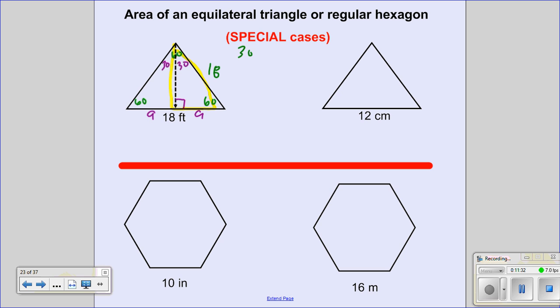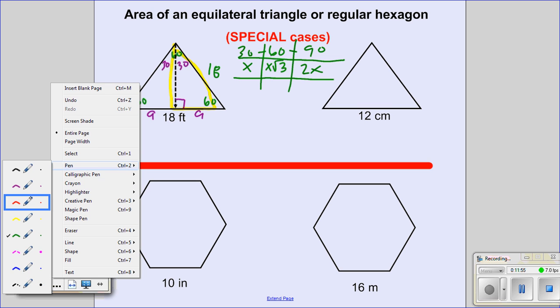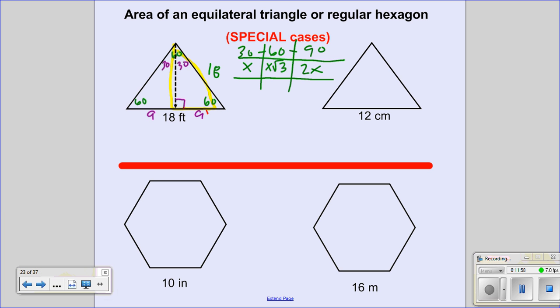On the 30, 60, 90, the pattern was across from 30 is x, across from 60 is x root 3, and across from 90 is 2x. On our right triangle, across from 30 is showing as 9.